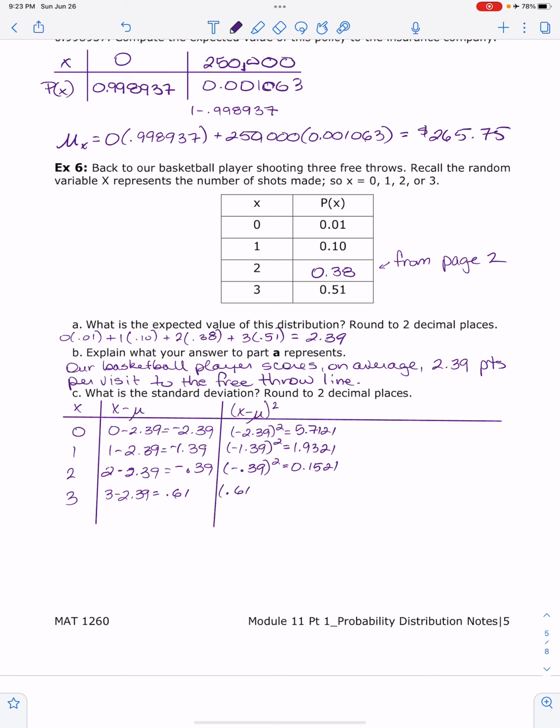And then 0.61 squared, which gives us 0.3721. And now I'm going to take these values and multiply by the probabilities. So again, 1.9321 times 0.01.